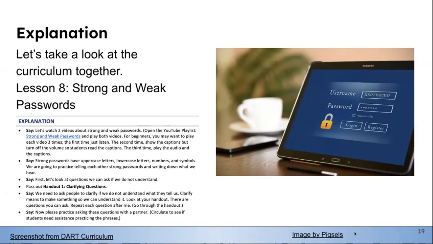Or, as I was mentioning in our breakout room, sometimes when I watch videos with our emerging readers and writers, or our lowest levels, I just turn the volume off and let them watch it and see the pictures and start to understand some of the information without it being too overwhelming.